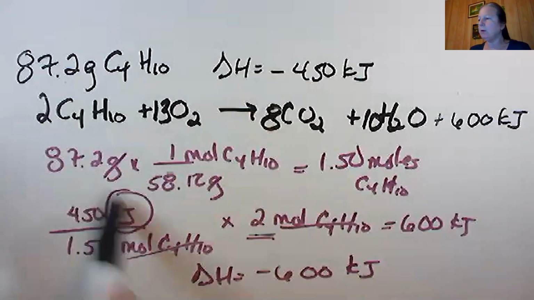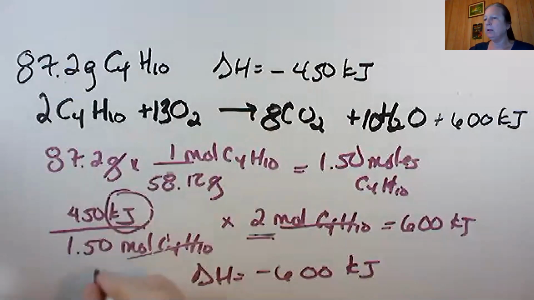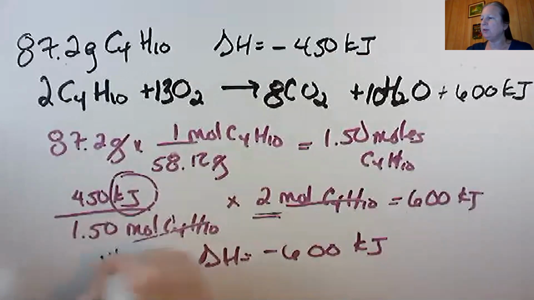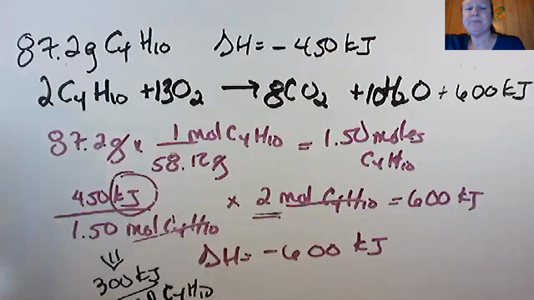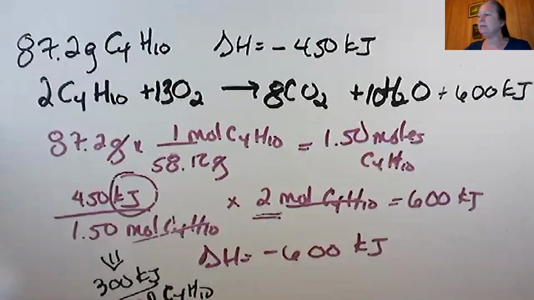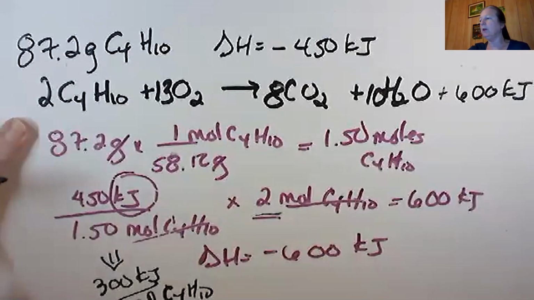So you got the amount of energy per mole. If I had stopped here, this right here becomes 300 per 1 mole of C4H10. I get that definition. And then in this reaction, I have 2 moles of C4H10. Therefore, I have 600 kilojoules released.